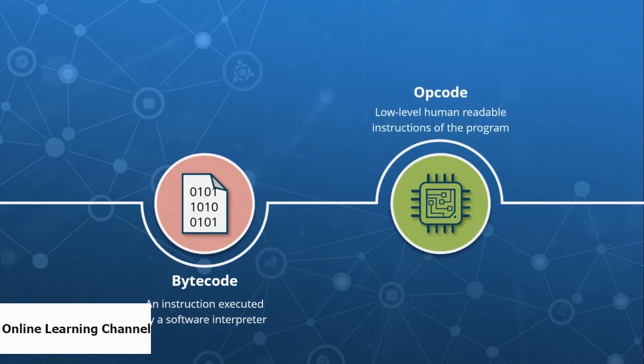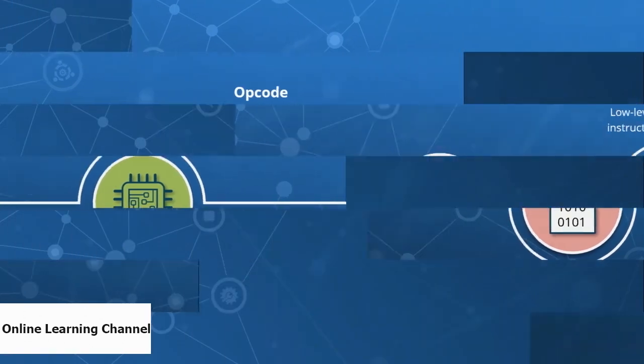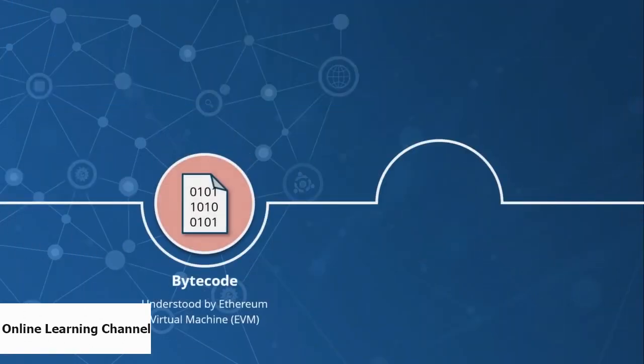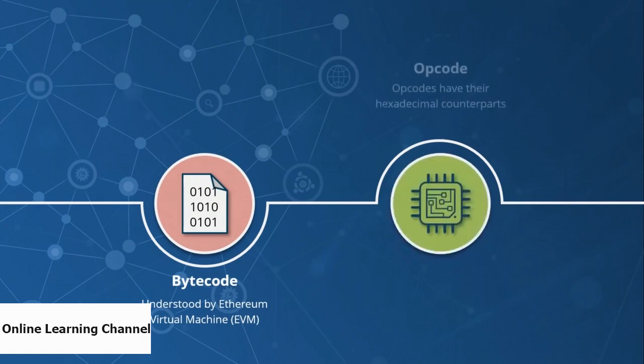So this is something which is also output by most Solidity compilers, and these are effectively low-level human-readable instructions of the smart contract. So every smart contract can be represented as a sequence of opcodes where each individual opcode represents a single action. So while the Ethereum bytecode is something which is understood by the EVM, opcodes cannot really be interpreted in the same manner.